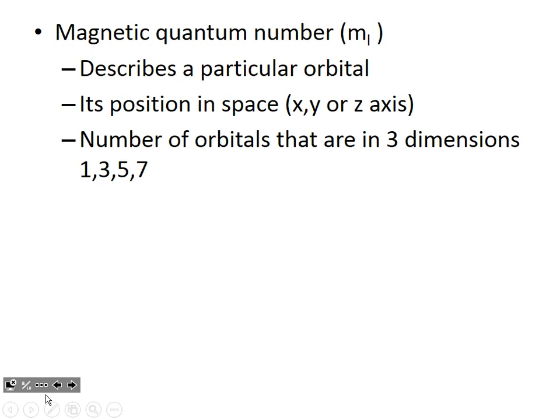They're easy to remember because they go up by odd numbers. So you have to put in your head sublevels S, P, D, F, orbitals 1, 3, 5, 7. So the 1 corresponds with the S sublevel. The S sublevel has 1 orbital, the P has 3, the D has 5 orbitals, and the F has 7 orbitals.